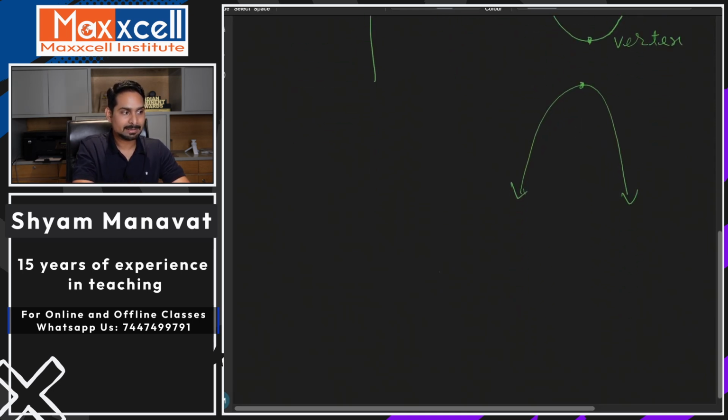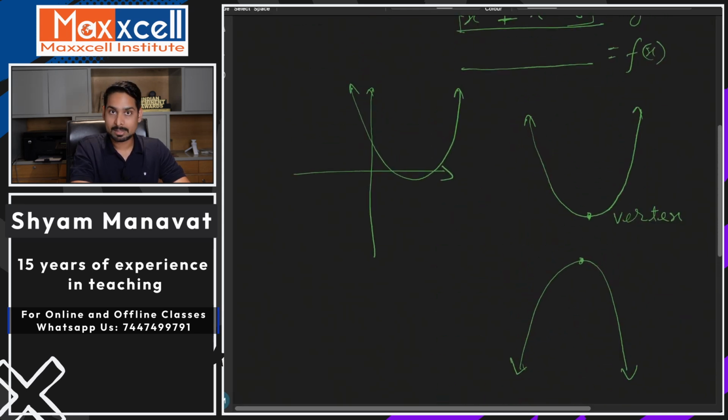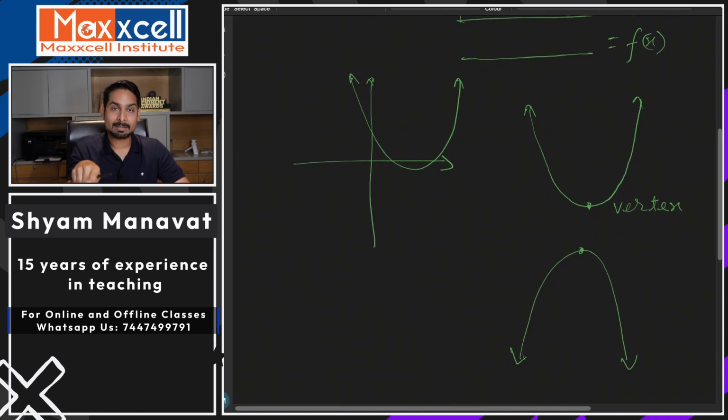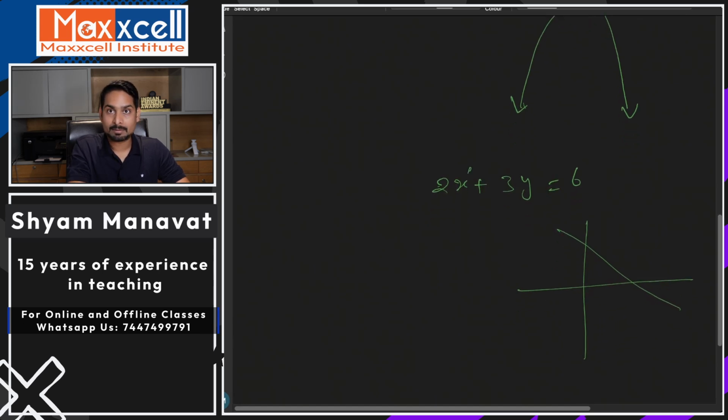If we have a linear equation, the first order equation, we get a straight line. Similarly, when you have a quadratic equation, the second order equation, you will get a parabola. The difference is here, the power of x. The power of x is 1 in the linear equation.